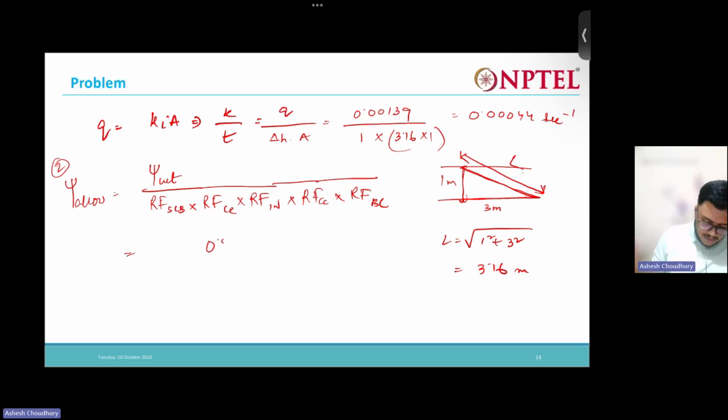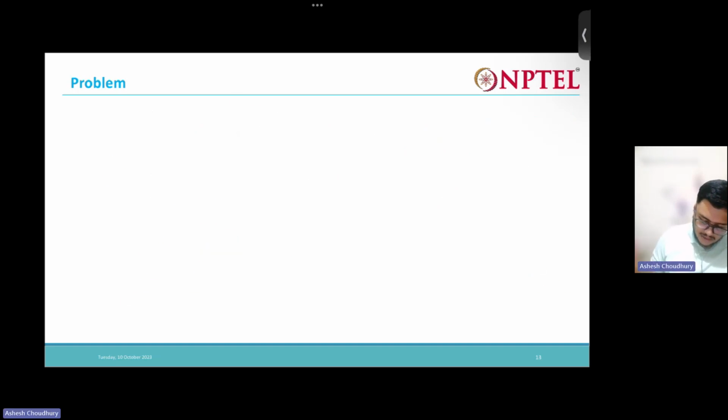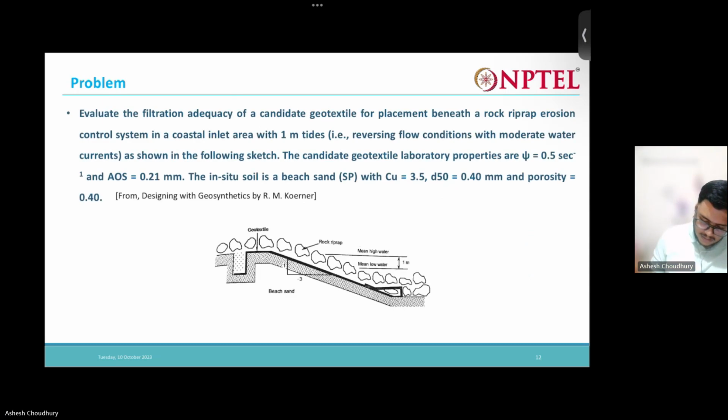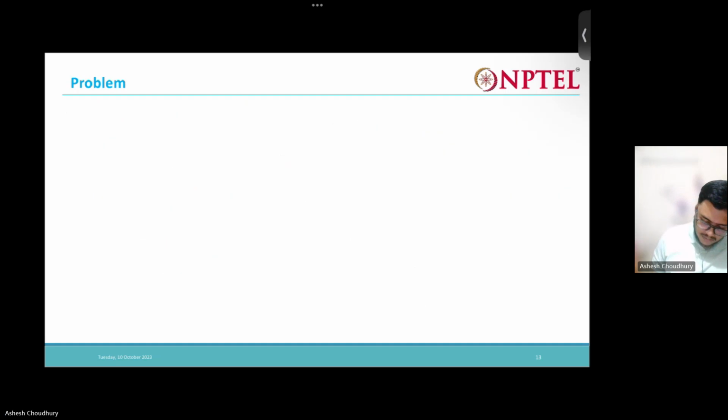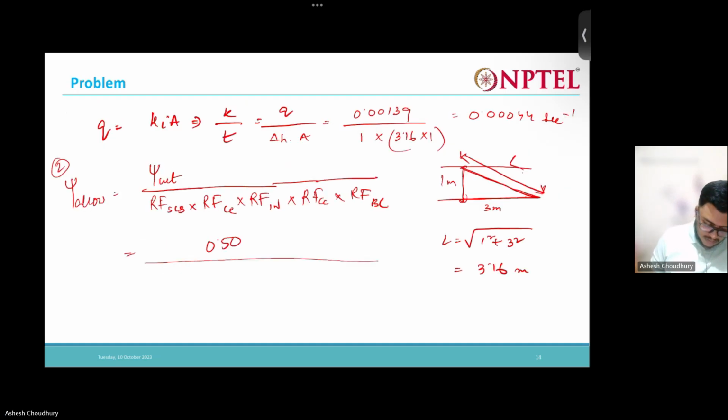So the ultimate is given as 0.5. It's given in the question. Then it is 0.505.